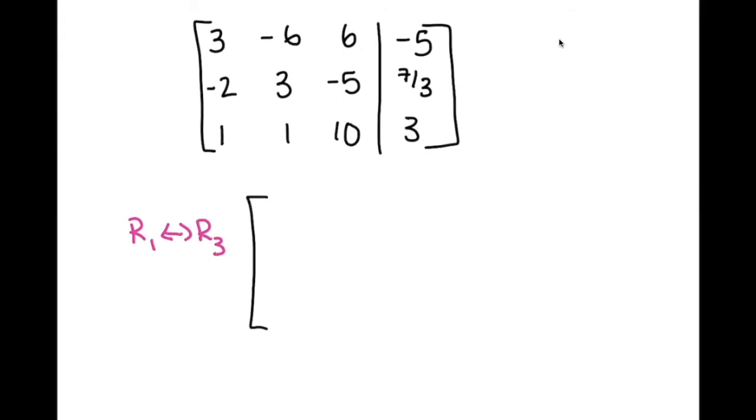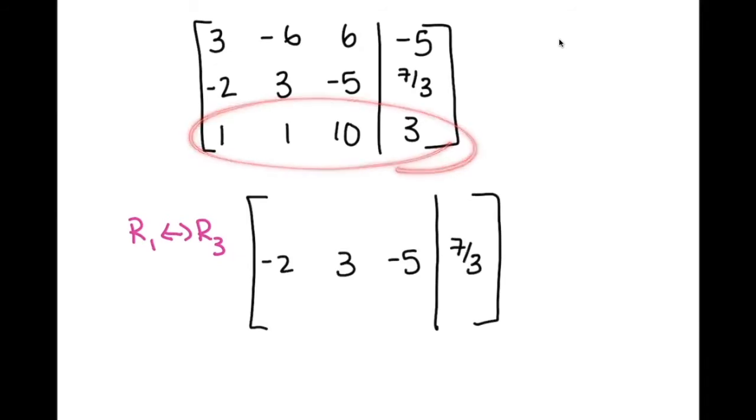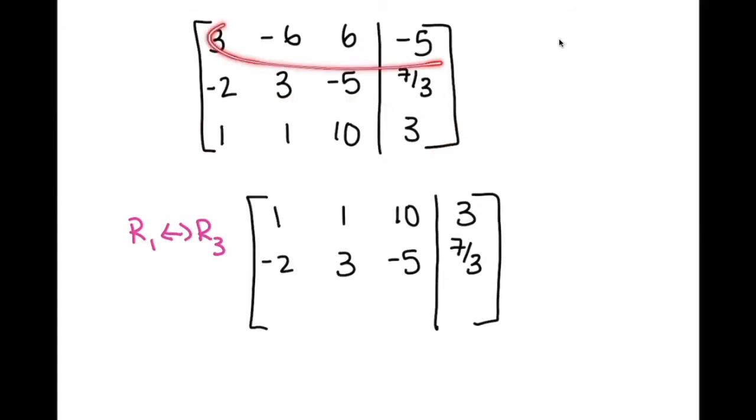Nothing happens to row 2, so that's the first thing I'm going to copy down. But instead of row 1, I want to write row 3 where row 1 is. So 1, 1, 10, 3, and then put row 1 where row 3 is.